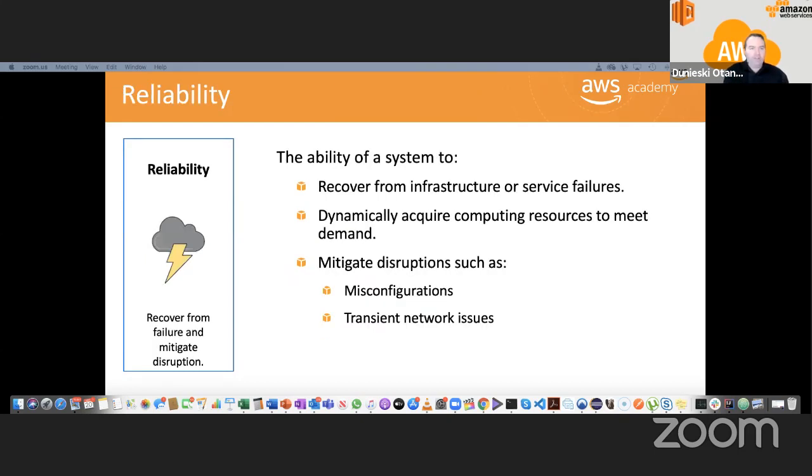Also, your system has to be reliable, right? What is reliability? It's the capability of being able to run and be operational even in the presence of a failure. Okay? So recoverability is very important in any system. You have to be able to recover from infrastructure or service failures.